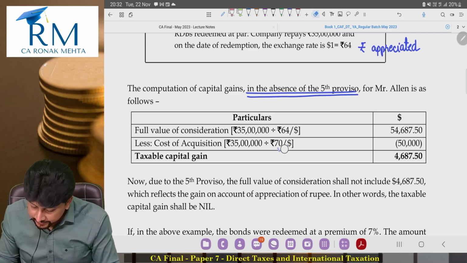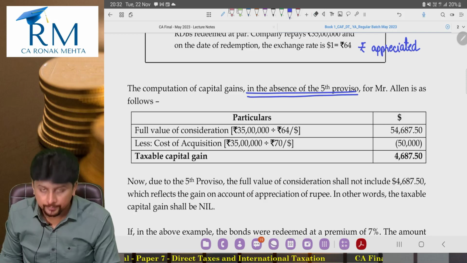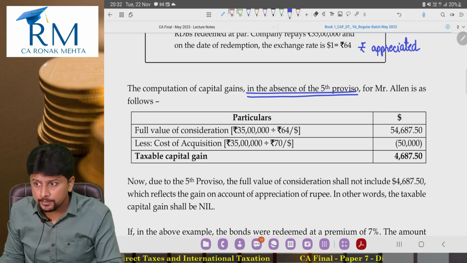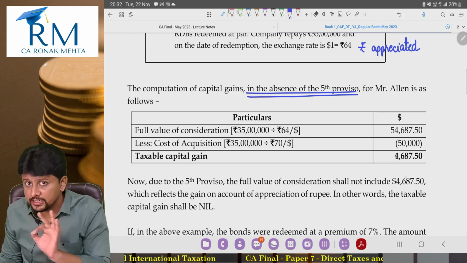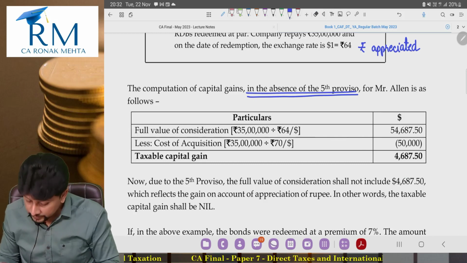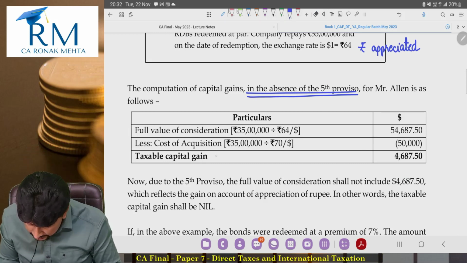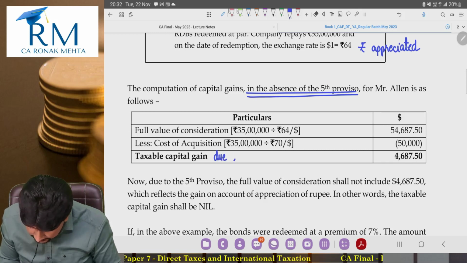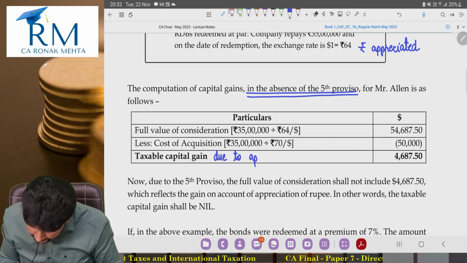So 70 was at the time of acquisition, 64 is at the time of redemption, and the difference is $4,687.5. This is the capital gain. And if you understand, this capital gain is arising due to appreciation of the rupee, due to 70 becoming 64.